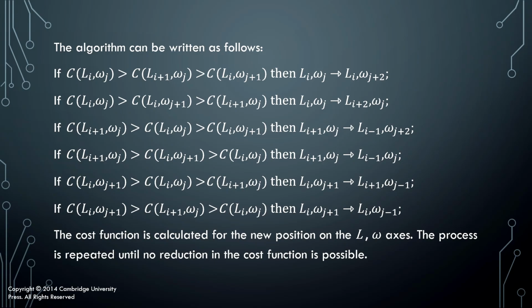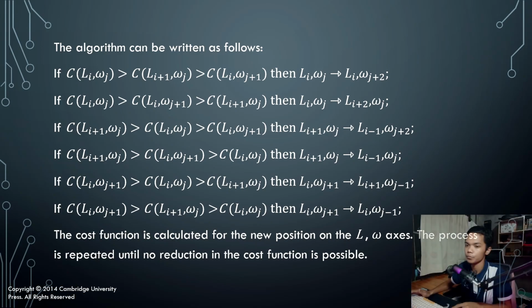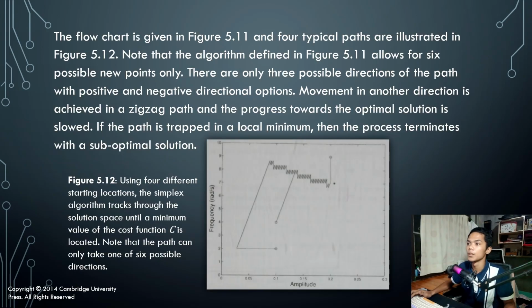The process is repeated until no reduction in the cost function is possible. The flowchart is given in figure 5.11, which I showed you earlier. And 4 typical paths are illustrated in figure 5.12.